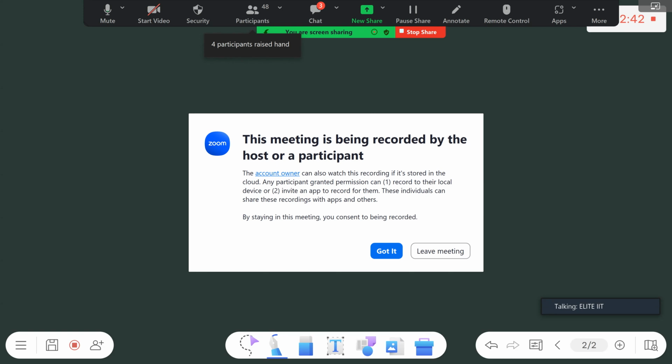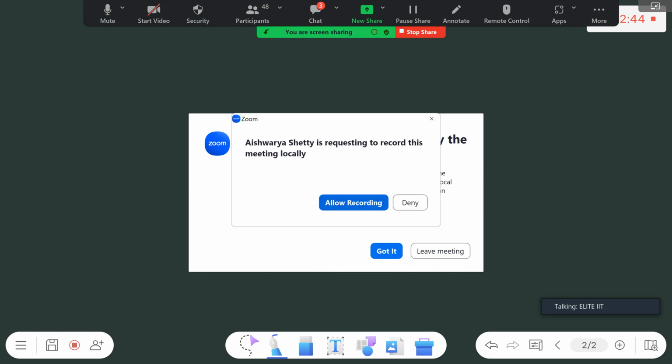Remember to ask your doubt, okay? You have a doubt? What happened? Why did you shift to the back? Why are you sitting there?